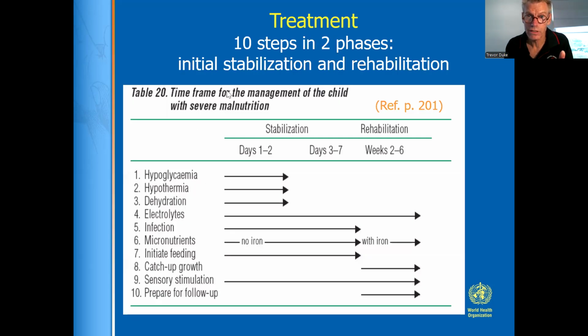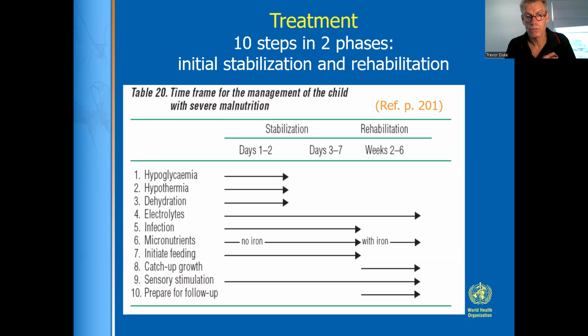And WHO has 10 steps in 2 phases of the management of severe acute malnutrition: initial stabilization and then rehabilitation. The stabilization phase goes for a couple of days, and it's really designed to prevent major complications of severe malnutrition that lead children to die.